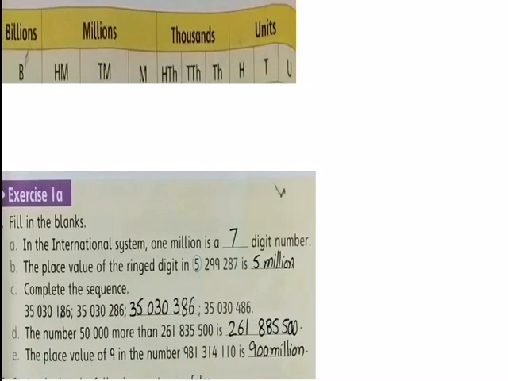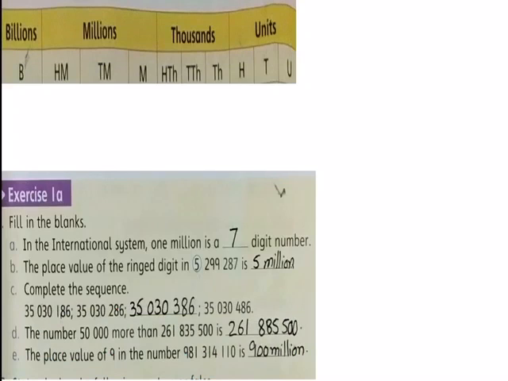Part B is the place value of the red digit in 5,299,287. We will find it with the help of the place value chart.